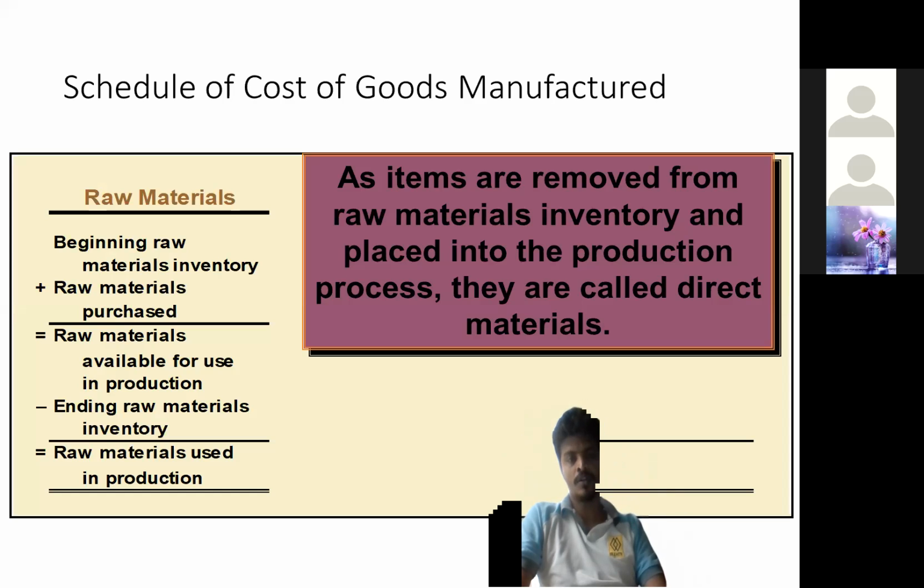Direct material cost can be calculated as beginning raw material plus purchases, which equals the raw materials available for use in production. Then we deduct the ending raw material. The answer is raw materials used in production, that means simply direct material cost.